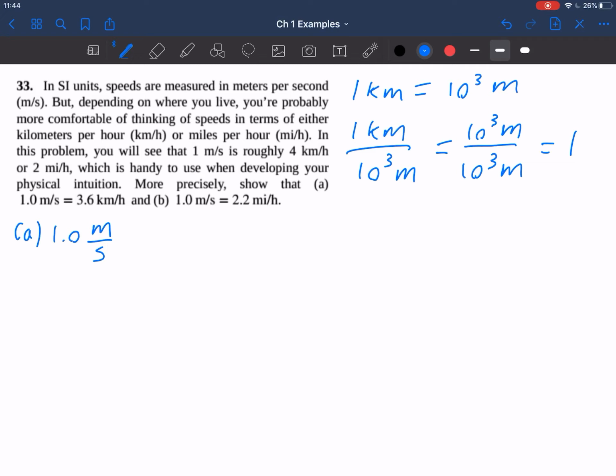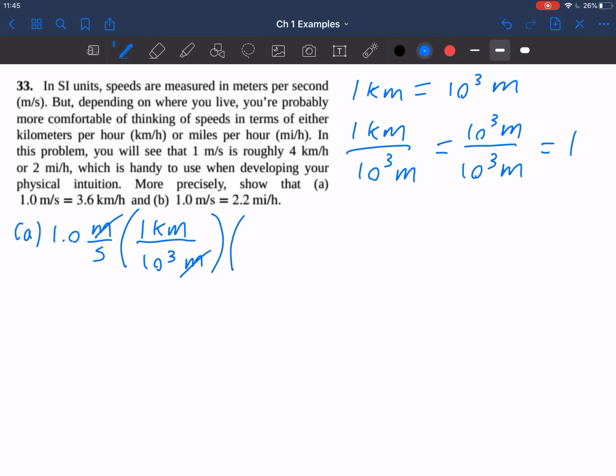So I can multiply 1.0 meters per second by this ratio, 1 kilometer divided by 10 to the 3 meters, and we can see that when I do that, my meters cancel, and I've now basically converted from meters per second to kilometers per second. Okay, so I'm part of the way to my solution. Now I need to convert those seconds to hours. Again, you could look up the conversion factor, but you probably know how many seconds there are in a minute and how many minutes there are in an hour, so let's just use that.